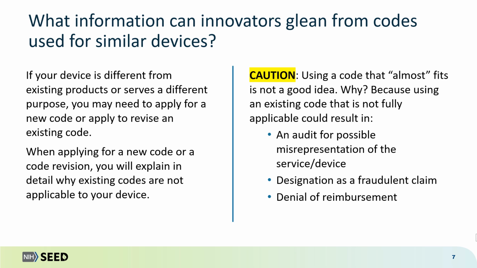There's a caution here that I mentioned in the last slide as well, but using a code that almost fits is not a good idea because using an existing code that is not fully applicable could result in an audit for possible misrepresentation of the service, which could result in recoupment of payment. It could also result in designation as a fraudulent claim and denial of reimbursement.